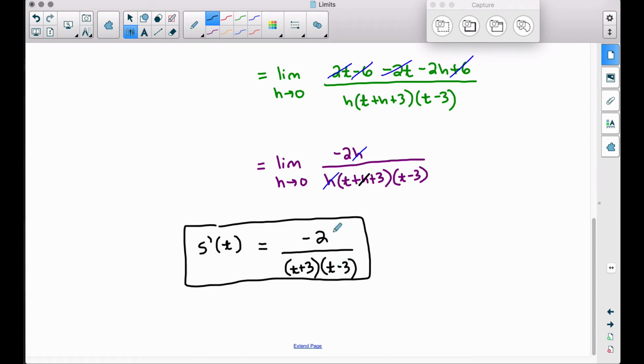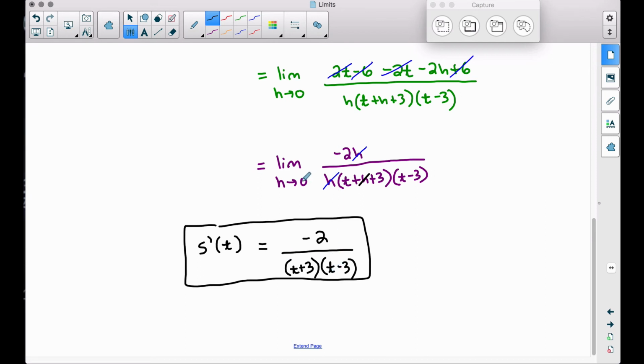Our derivative function, you may say, okay, well, what about these t's? What are we doing with these t's? If you looked back at the linear and the quadratic example we did earlier, the quadratic example still had a variable x floating around in it. And a lot of times that's going to happen when you find the derivative, or what we also call here the derivative function. You'll have a variable left over quite often.